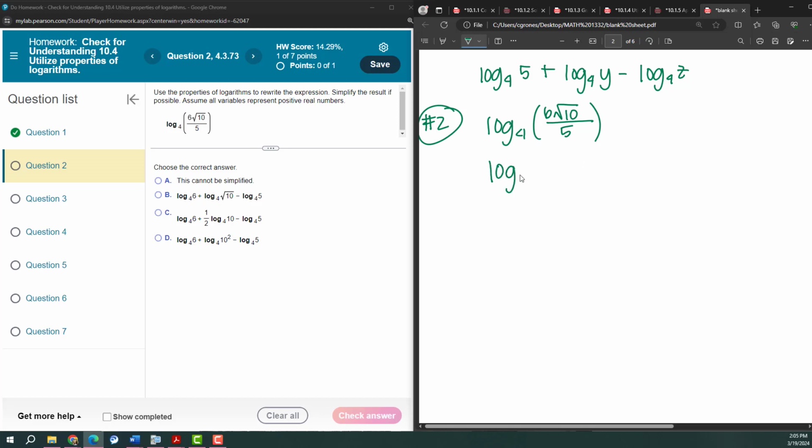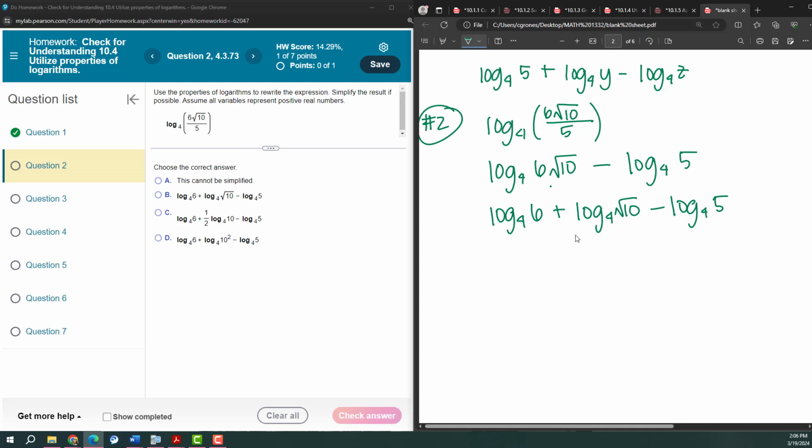So we've got log of 4 of 6 times the square root of 10 minus log of 4 times 5. And then again, we have our product property. So log of 4 times 6 plus log of 4 times the square root of 10 minus log of 4 times 5.